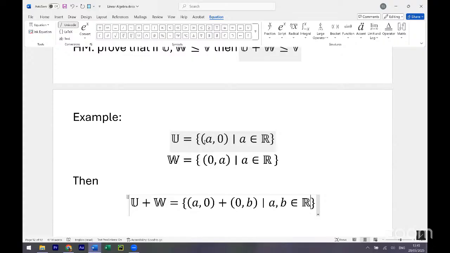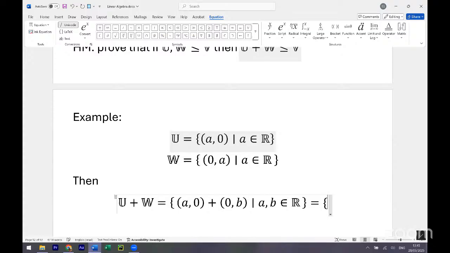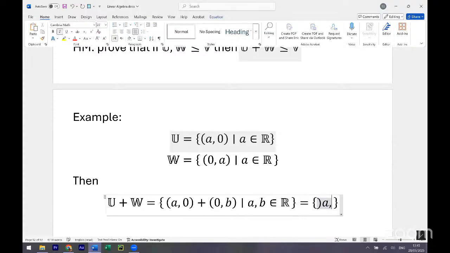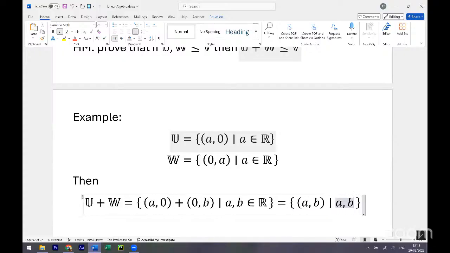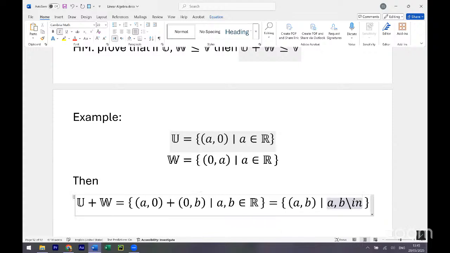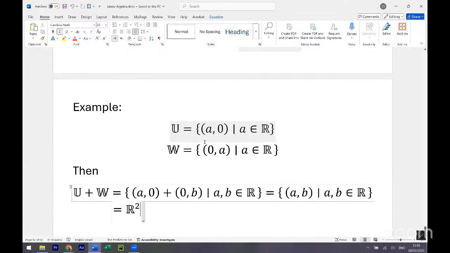And that's exactly what happens here, because what is (a, 0) plus (0, b)? It's all the (a, b) such that a and b are real. In other words, it's R squared, the whole plane. And so that definition really did what I wished for it to do.